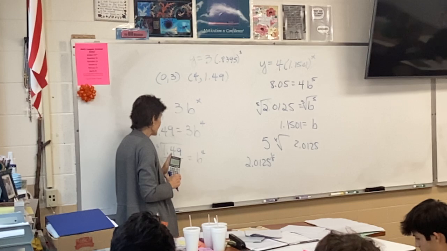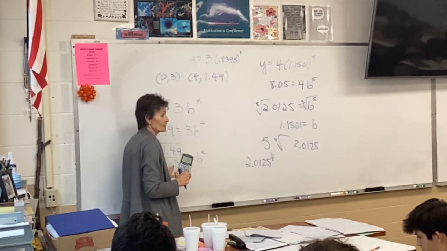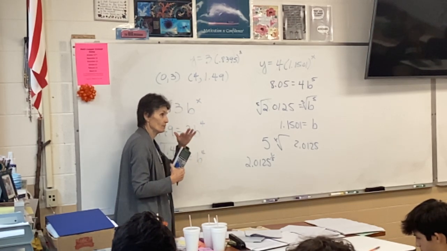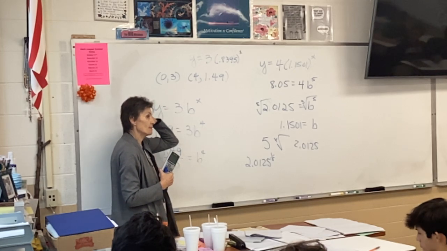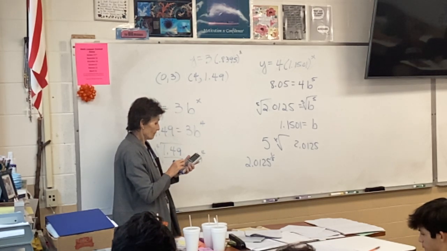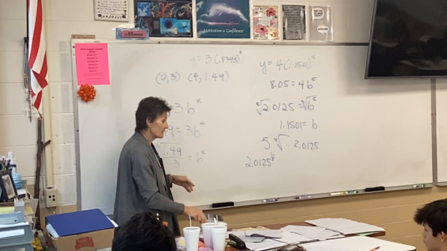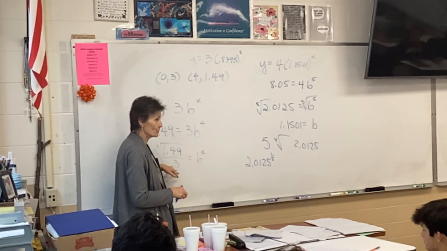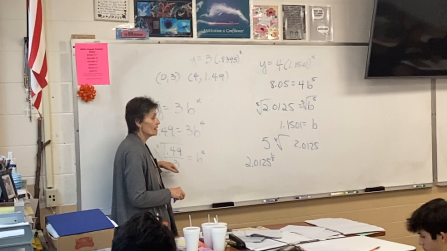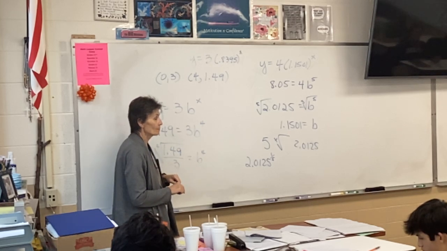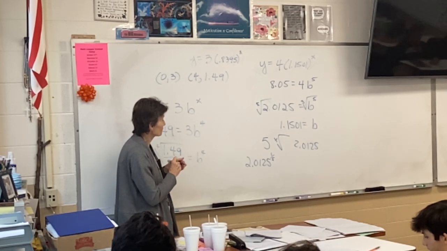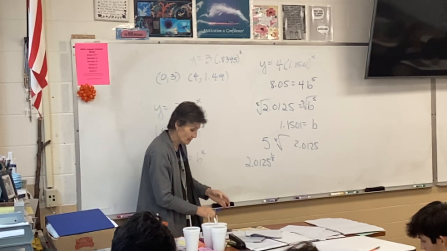So I didn't do that one because I just want to keep it in my calculator and I haven't rounded off. Does that make sense? Yeah. Okay. Then that's the first thing you're going to do there. You're going to do that division, and then you're going to fourth root that number. All right, any other questions about those?